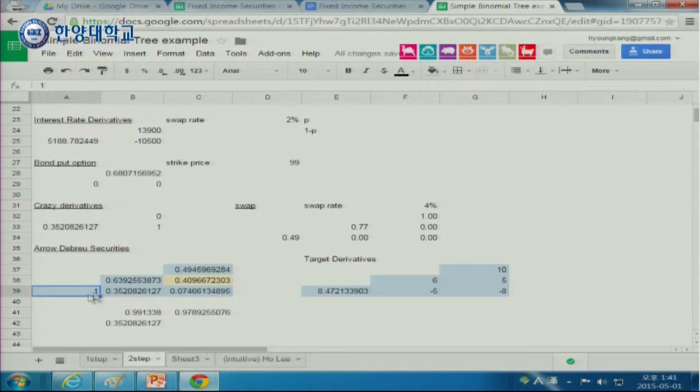Because we are talking about the future over here, it is RNP. So from here, I calculate the Arrow-Debreu security at this particular point, and moving from here to here, I have to use RNP. And from this point, now it is the future, so I have to use the RNP of 6 months later, which is RP over here. So I have to use RP for this line because it's 6 months later.